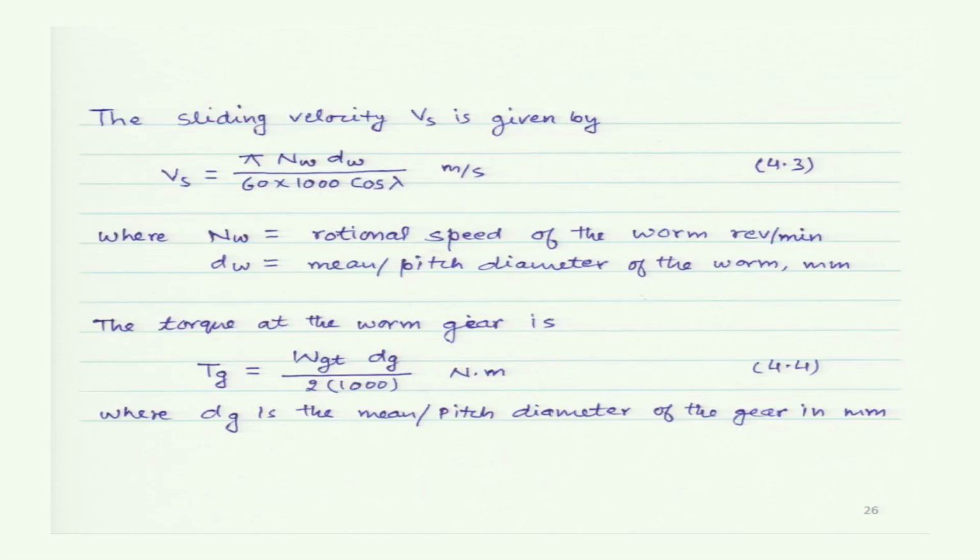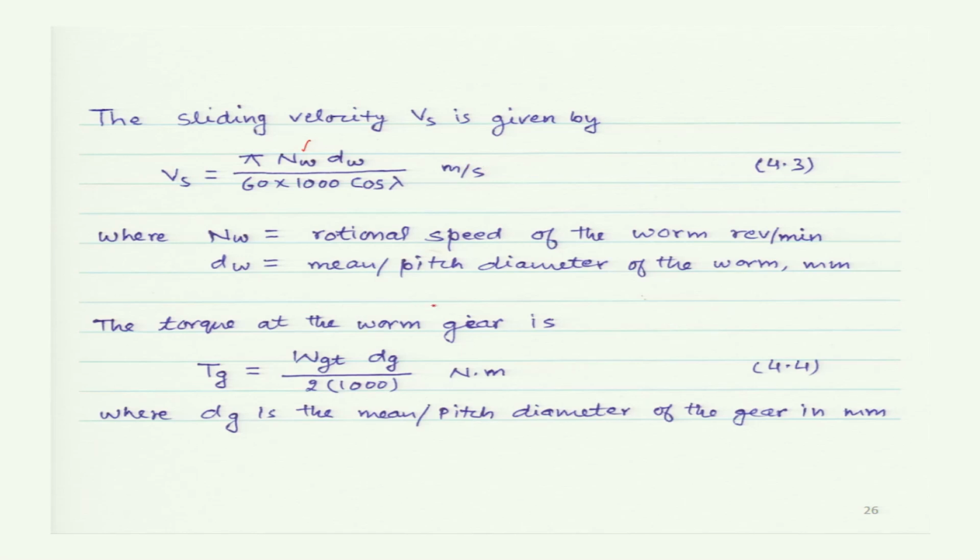The sliding velocity Vs is given by pi Nw dw divided by 60, where Nw is the RPM of the worm and dw is the pitch diameter of the worm. Because Nw is in RPM, dividing by 60 makes it RPS, and dw is in mm, so it is divided by 1000 to make Vs in meter per second.